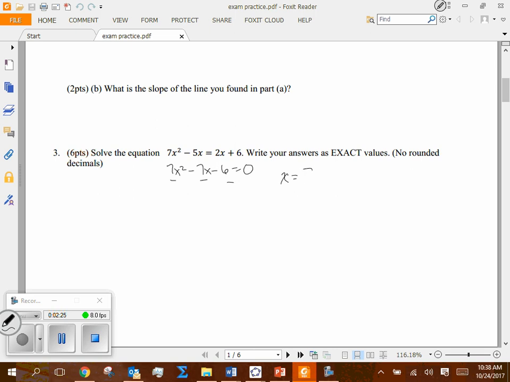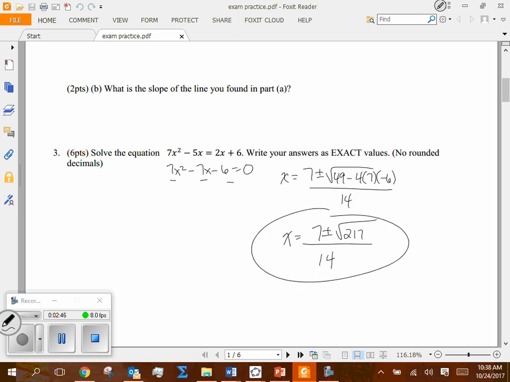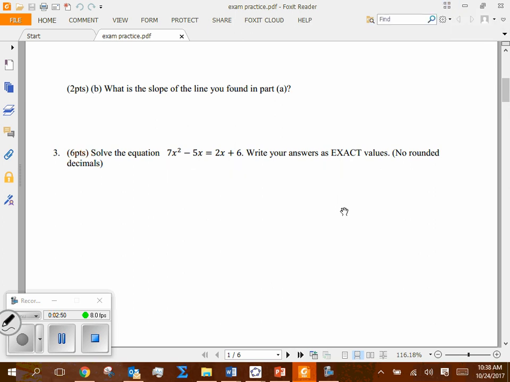So I'm going to go opposite of b, 7 plus or minus the square root of 49 minus 4ac, all over 2a, which ends up being 14. I believe that gives you 7 plus or minus root 217 all over 14. Just leave it that way. That's fine. That's simplified. Go to the next one.